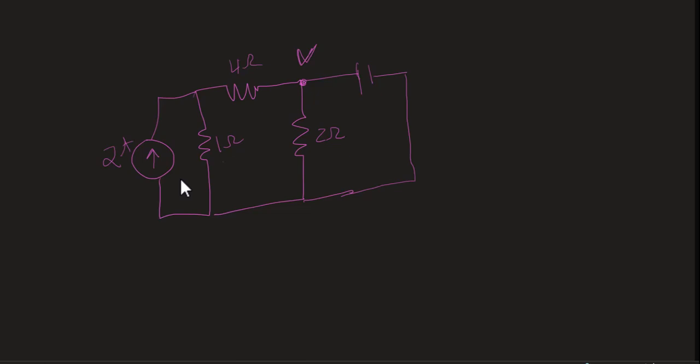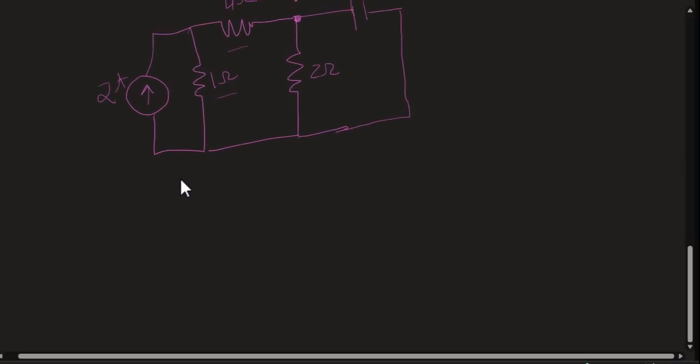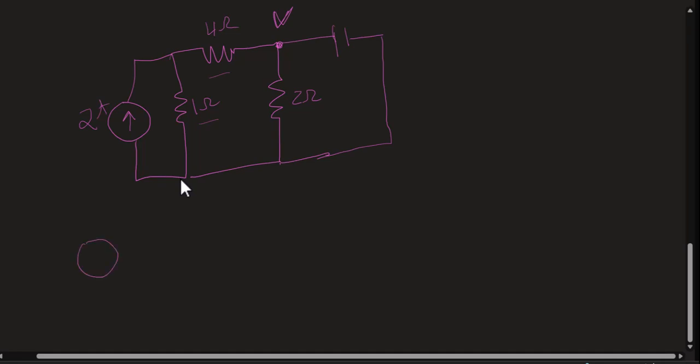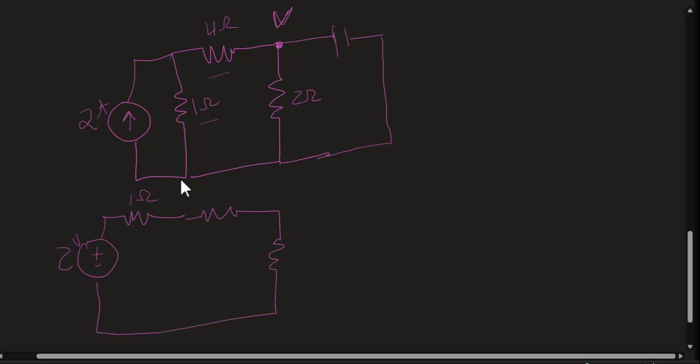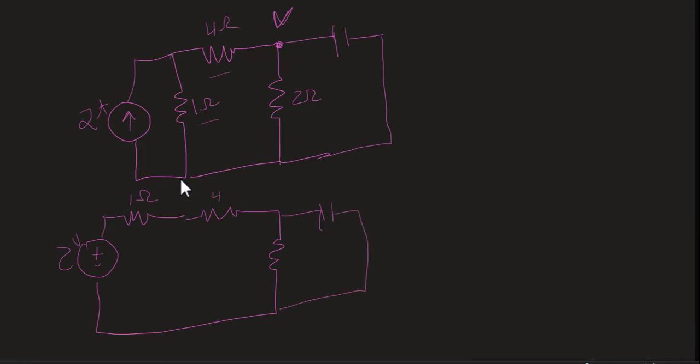So the 1 ohm resistor and the 4 ohm resistor are not in series or in parallel. But if I do a source transformation, and I get this voltage just by multiplying these together, 2 times 1, then this resistor will now be in series. And I have a 4 ohm resistor.